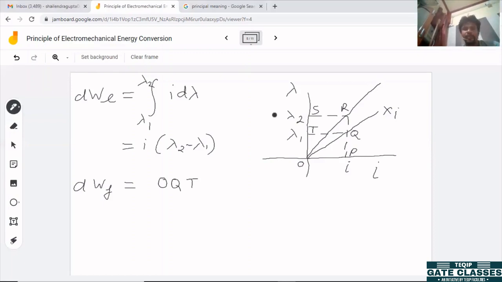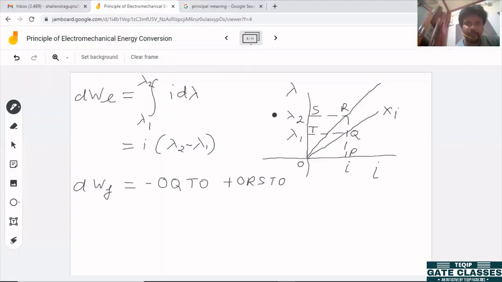OQTO is the field energy at the initial position of the plunger. And what is the final? The final field energy is ORSTO. This is the final stored energy in the field, and we should take final minus the initial. So initial is this one and final is this one. This is the change in field energy.